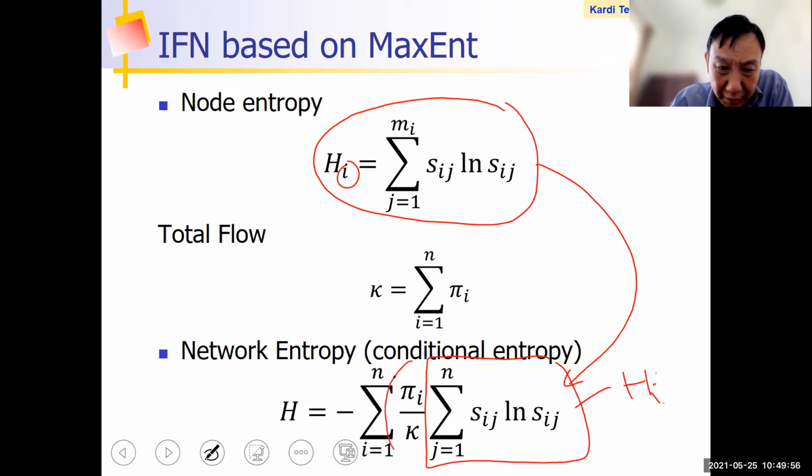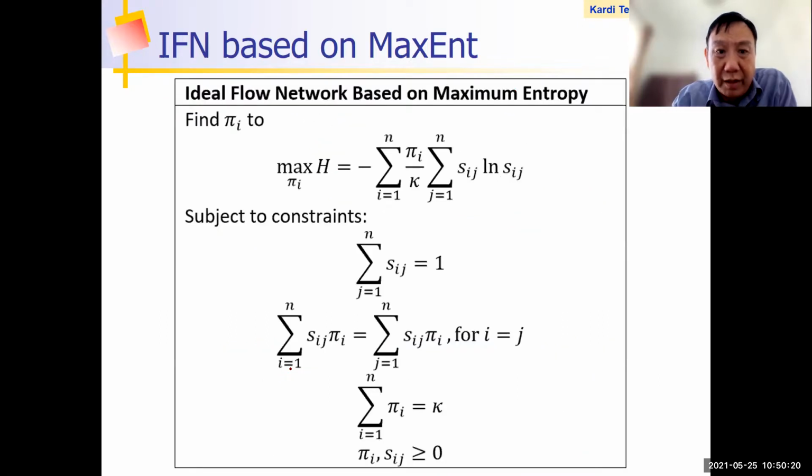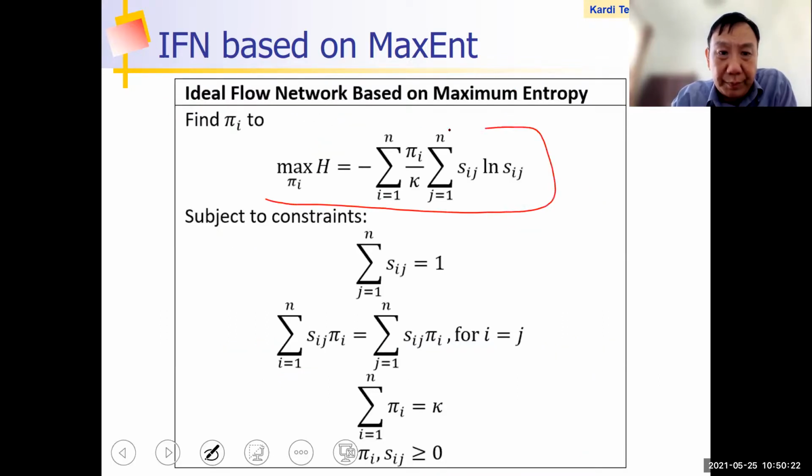This is the node flow divided by the total flow, so it is basically the probability of each node. Then you sum all of that, meaning this is the average of the node entropy. Using this average of node entropy, you can define the ideal flow.